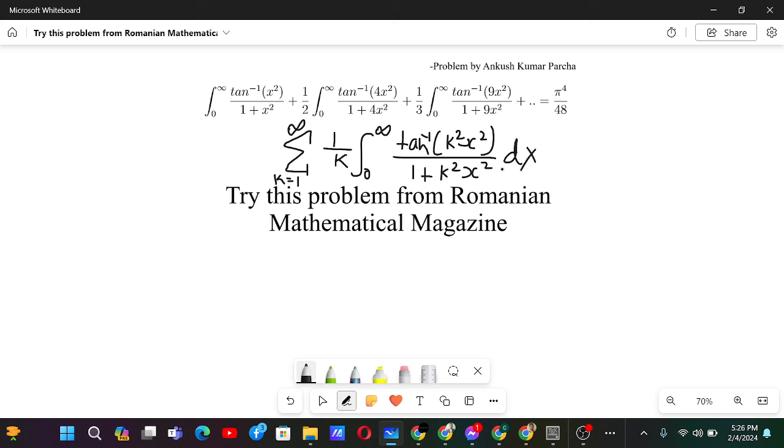So this is basically our problem in summation notation, and we just need to find this.